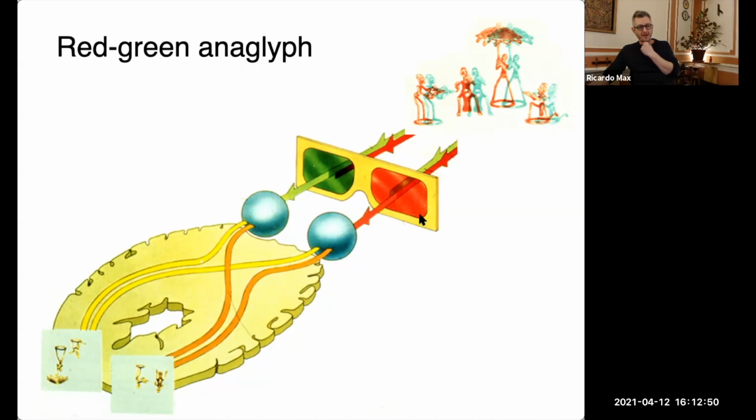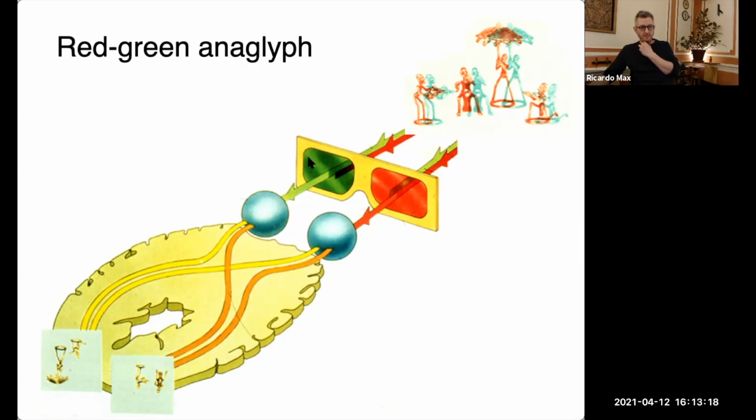So with the red filter, the green picture doesn't reach the retina, and the opposite for the red. Now, I remind you that it's not that each eye sends to one hemisphere. It's each side of both retinas: the right side of both retinas reaches the right hemisphere, and the left side to the left hemisphere. But it doesn't matter.